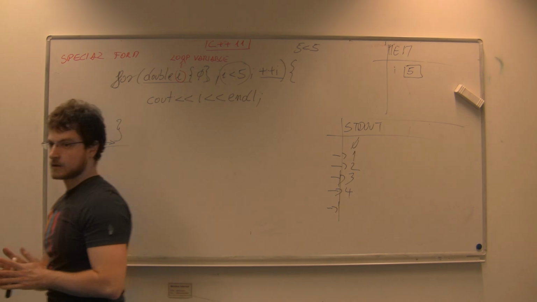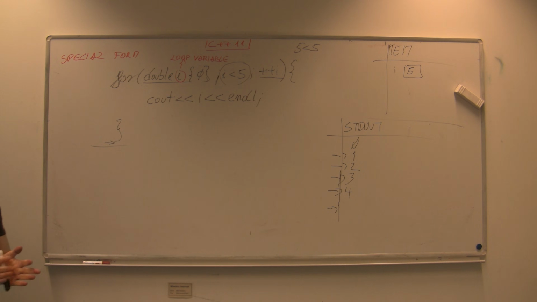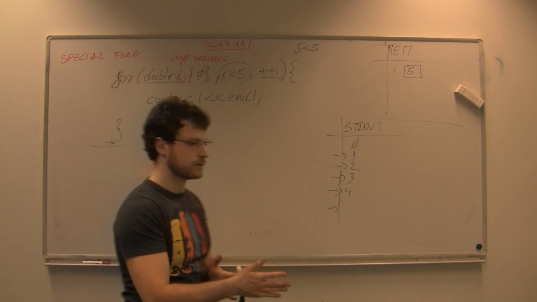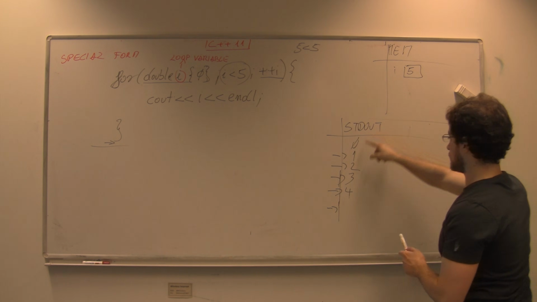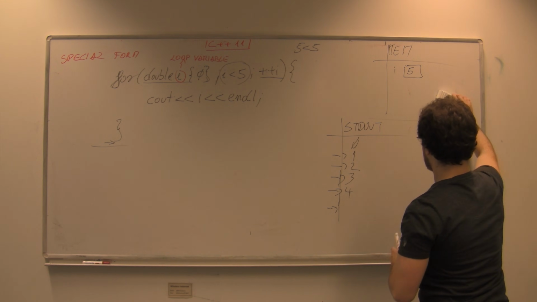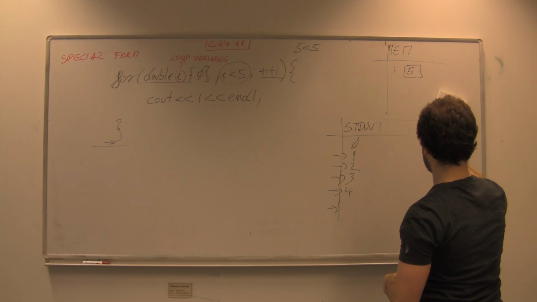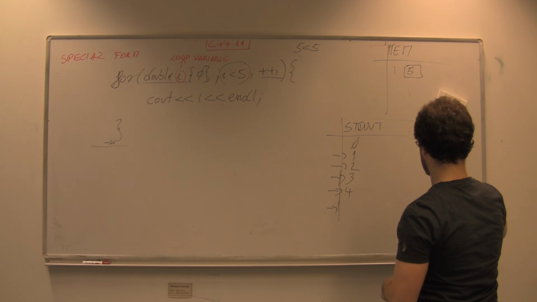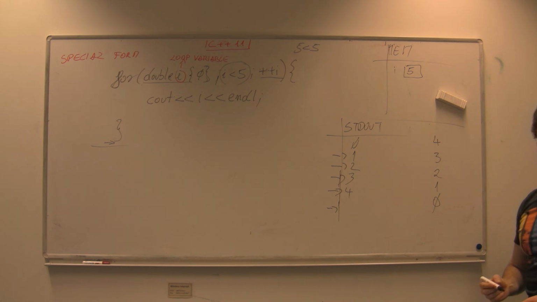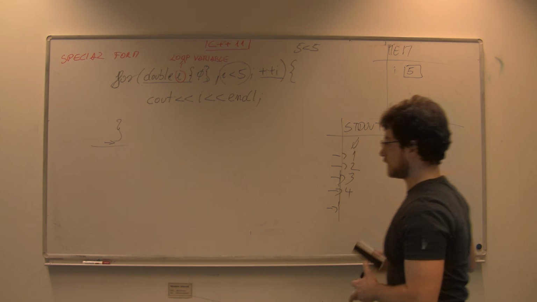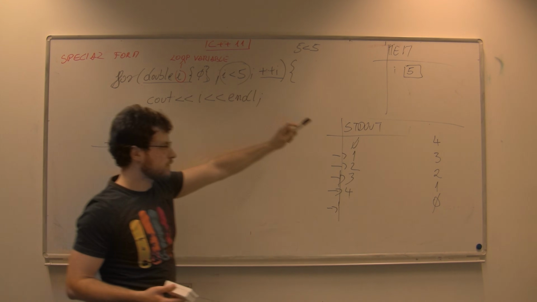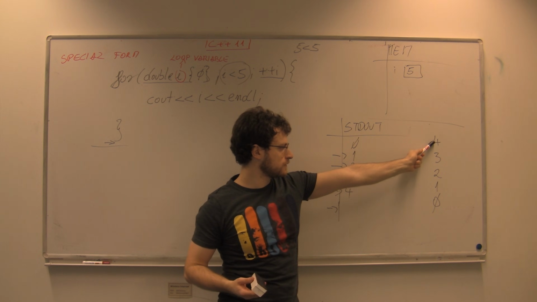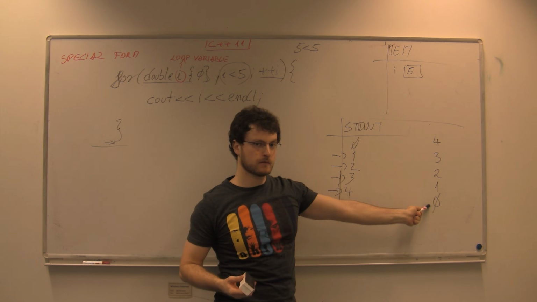What if we would like to print out the first 5 natural numbers in descending order? So instead of this sequence, what if we want to produce this sequence? One way to do this is to iterate the loop variable from the number 4 to the number 0.